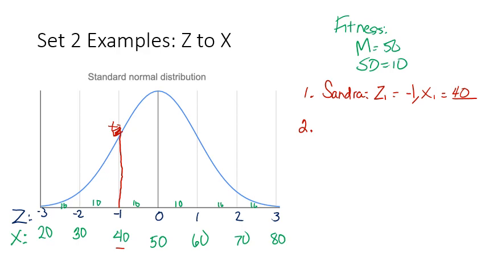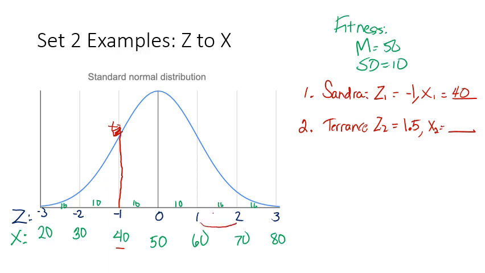If we have Terrence with a Z score equal to 1.5, and we want to know his raw score, we can find where 1.5 would be, and it would be, of course, midway between the 1 and the 2.